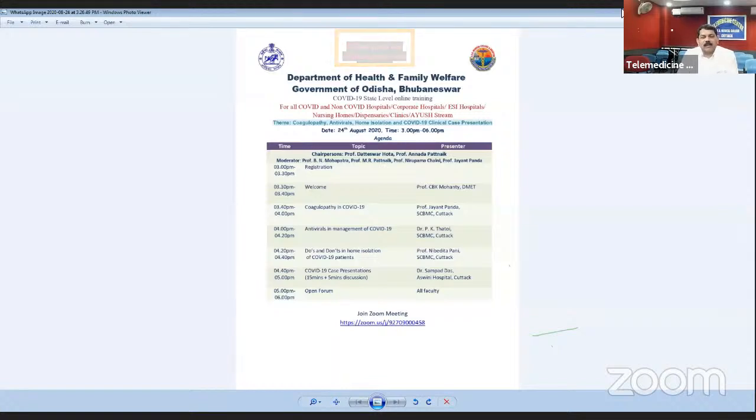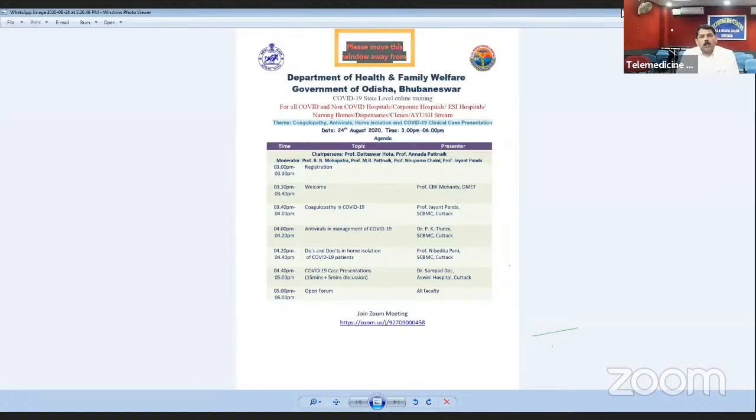Cuttack has started another COVID hospital in Jagatpur with dialysis and delivery facilities. Similarly, Bhubaneswar has started, Berhampur has started, Sambalpur has started, and we have additional ICU beds and additional facilities for our patients. And also in the treatment, we are looking at the latest guidelines.